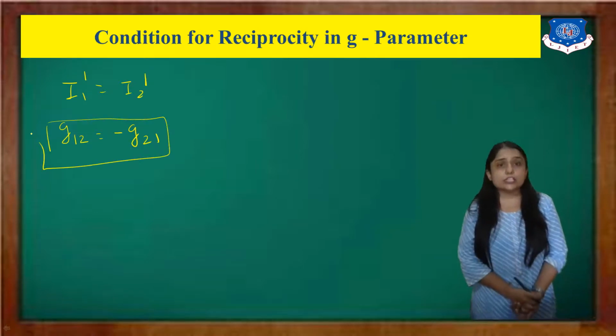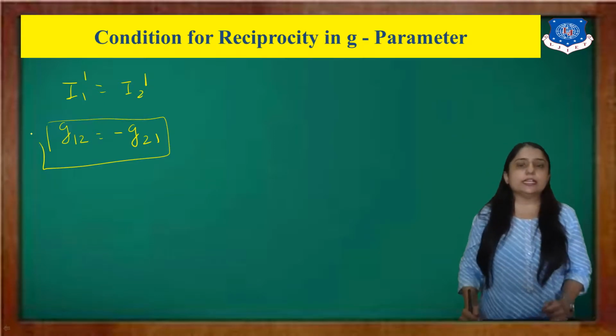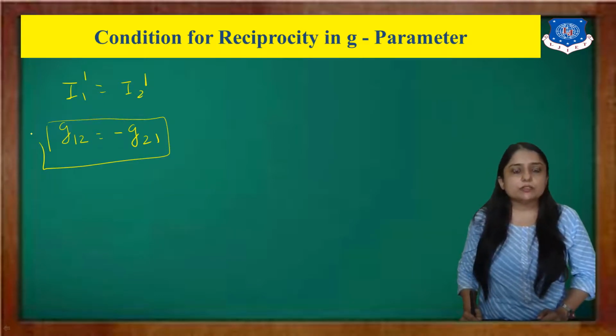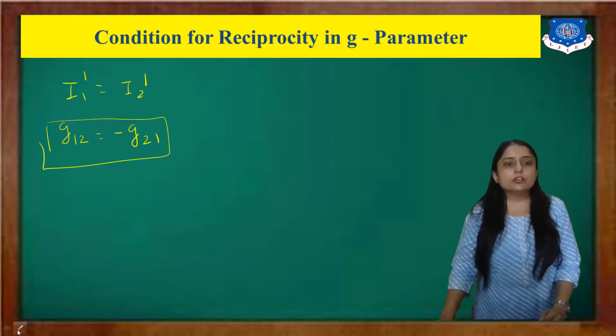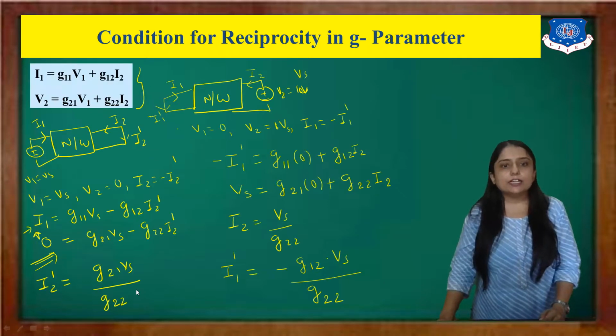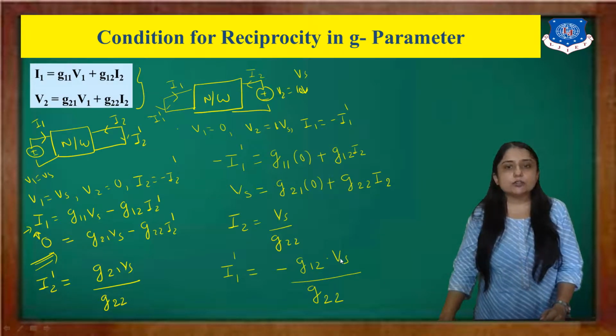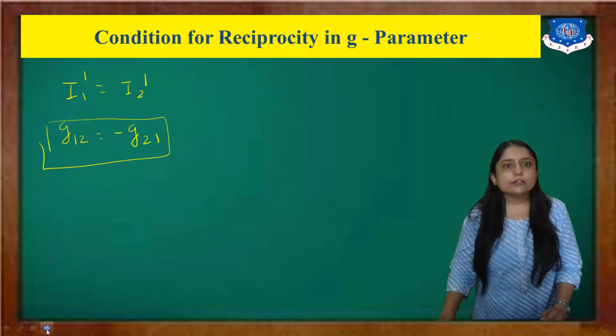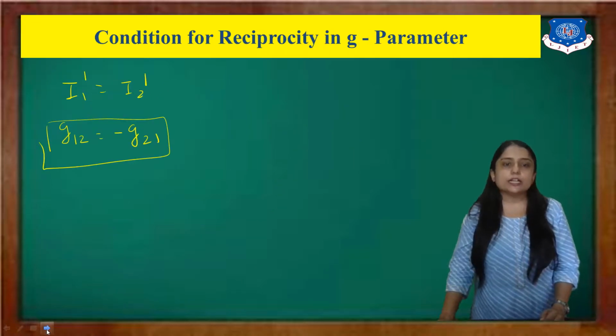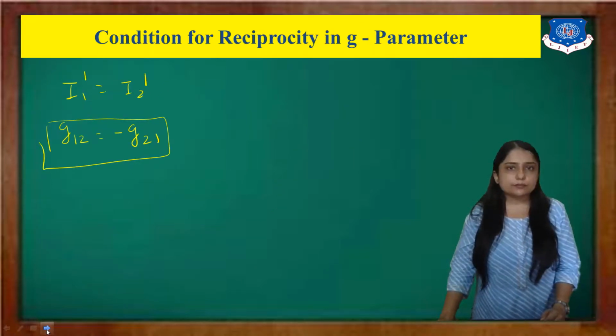So this is the condition for the reciprocal network in case of the G parameter, right? Because see here, my value of I1 dash is minus G12 into Vs. So Vs is cancelled, G22 will be cancelled. So the final value becomes G12 equals minus G21.